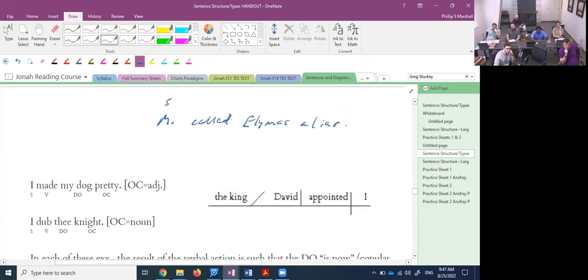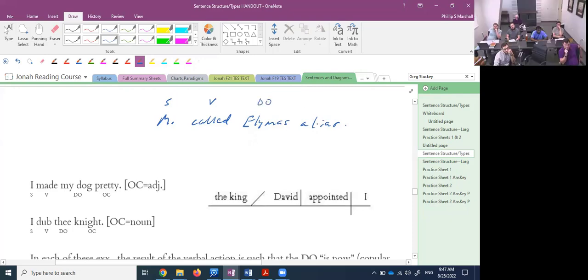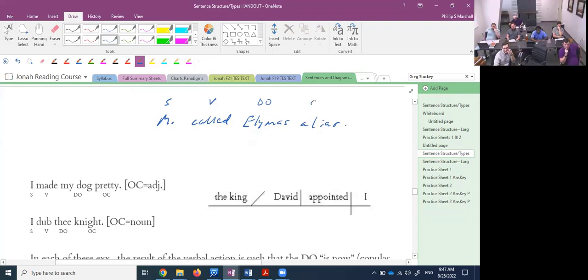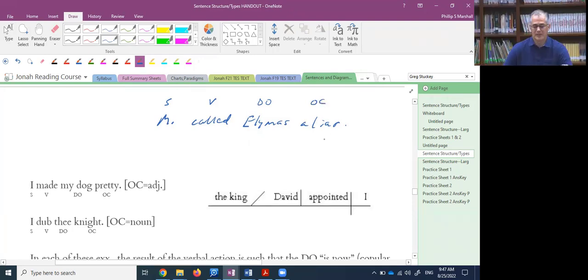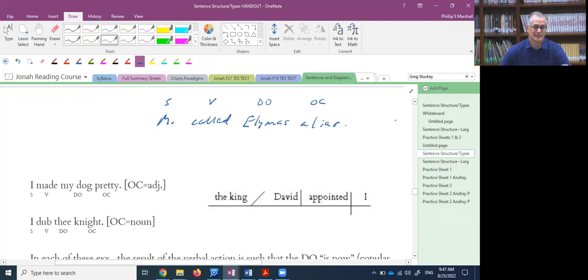He's the subject. Called, verb. Elymas, direct object. And a liar is the object complement. There's an implied predication as a result of the calling. It's assumed that Elymas is a liar, right?